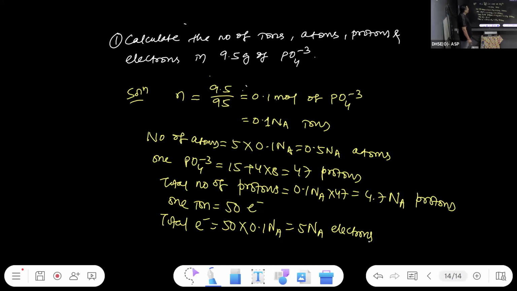Quickly note it down. Then we will go to the discussion of concentration units. Done.